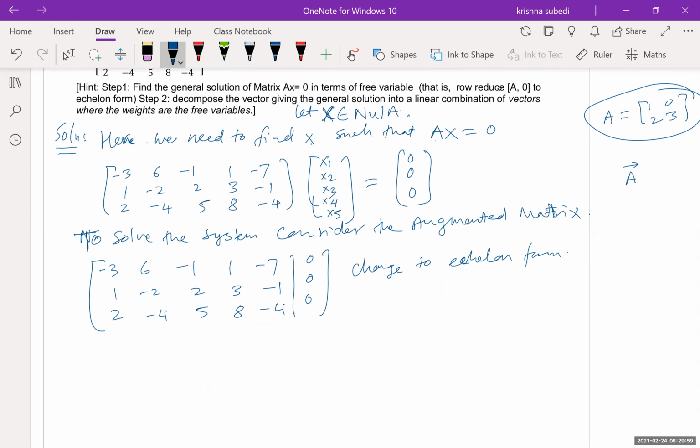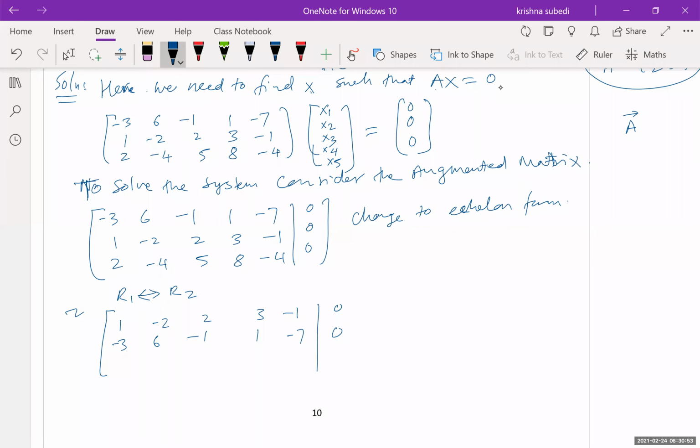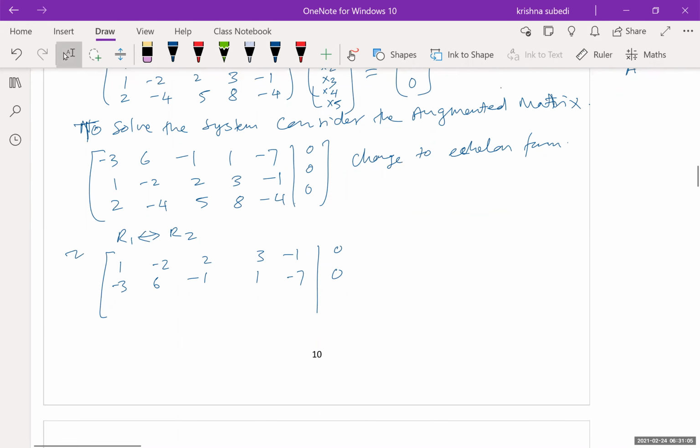I trust that all of you know how to change it into echelon form. I think the easiest is to do one step, switching R1 and R2, interchanging the rows, and I leave the rest to you.